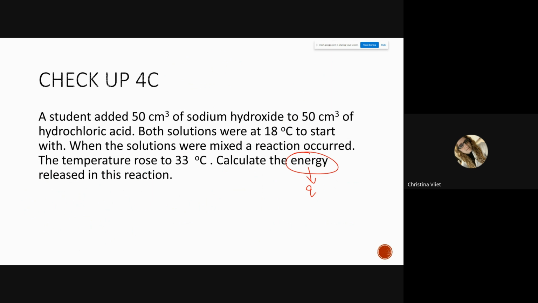So Q equals M times C times delta T. What is our mass here? I'll say 50. Just take half of each. Think about what you're actually doing.